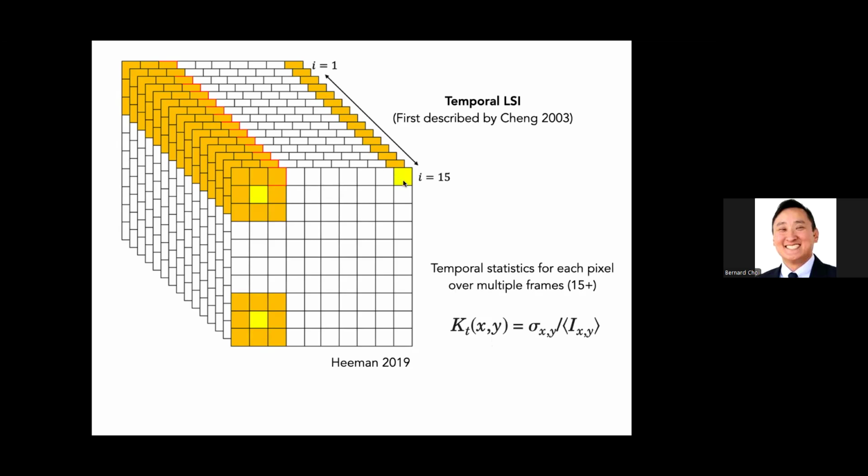With a 5x5 window you would have 25 points that you're sampling, 25 pixels. In this specific case with 15 images, you would have 15 points.